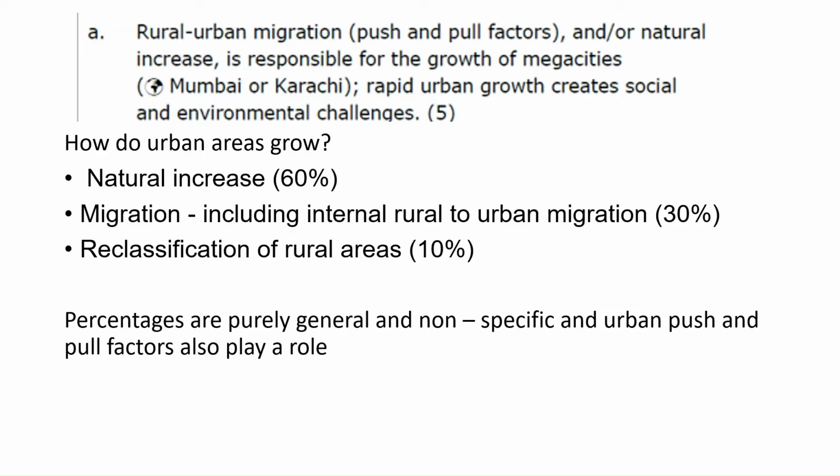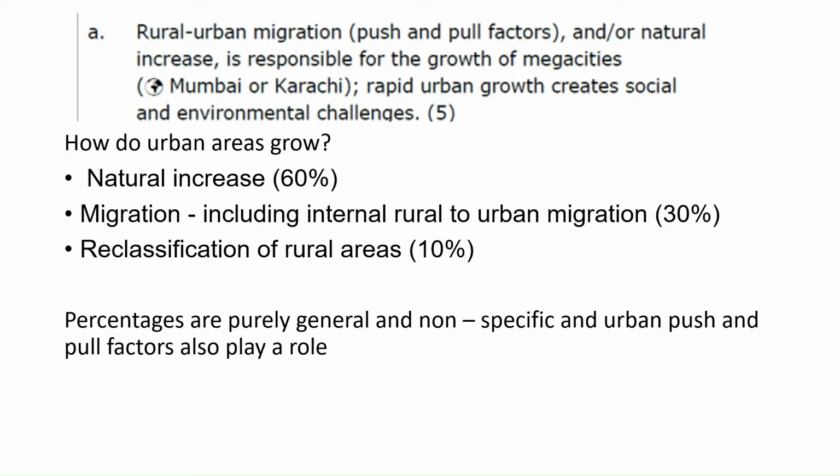So that's essentially it. Migration, including internal rural to urban migration. So this literally could mean people flying in and out or moving from a different city. And reclassification of rural areas is 10%. So if you live in London, people in Slough claiming to be in London, and they have that audacity because the urban area is slightly growing outwards.